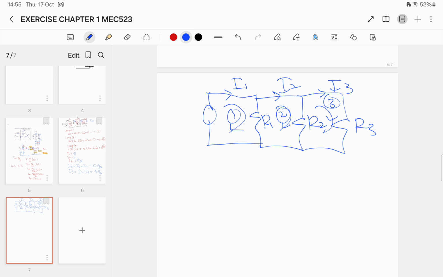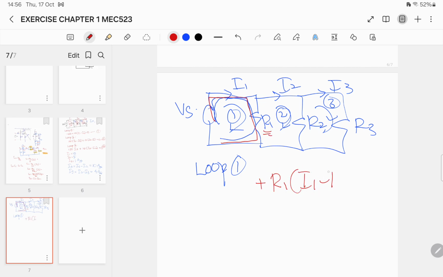Okay, at loop 1 ni, because kita ambil respect to this current yang dekat dalam loop 1 ni. Sebab tu at resistor R1, I1 minus I2. Sebab I2 dekat sini, yang sini ni dia bukan I2.